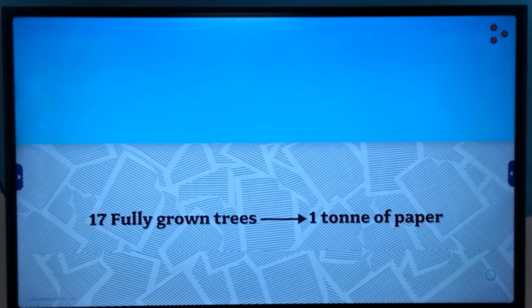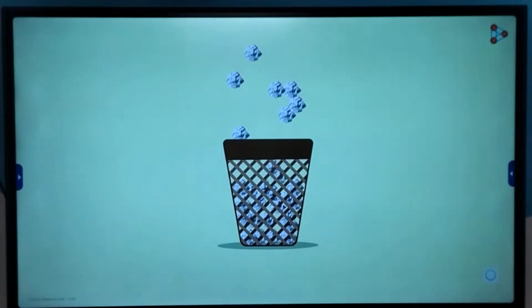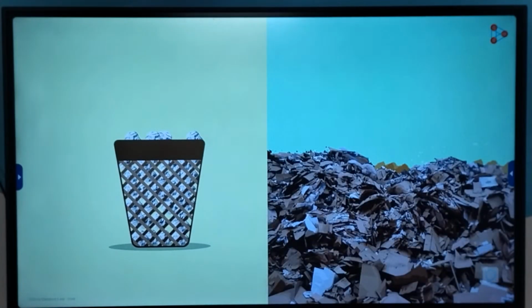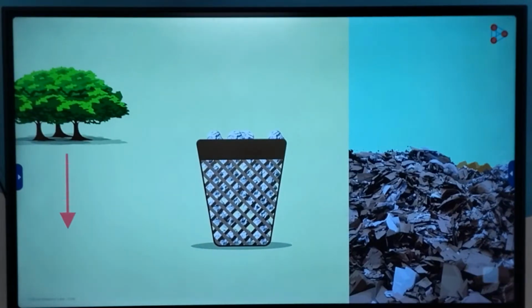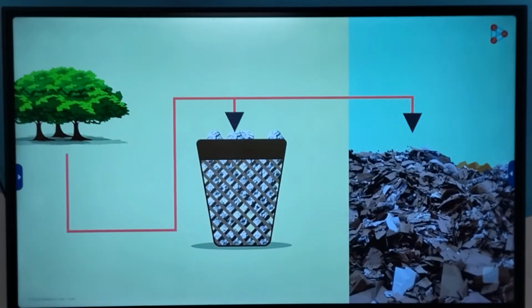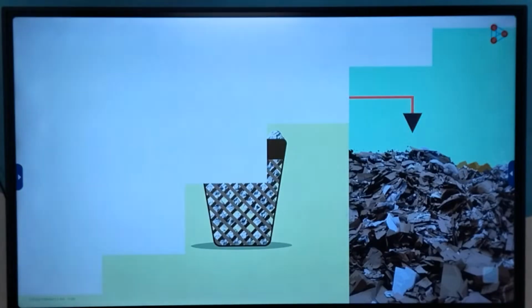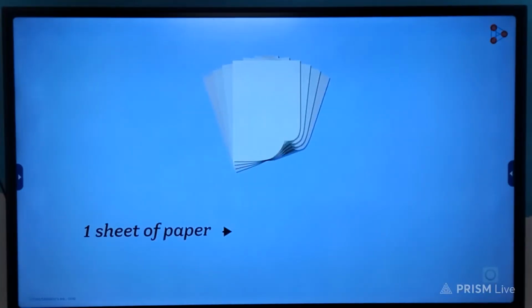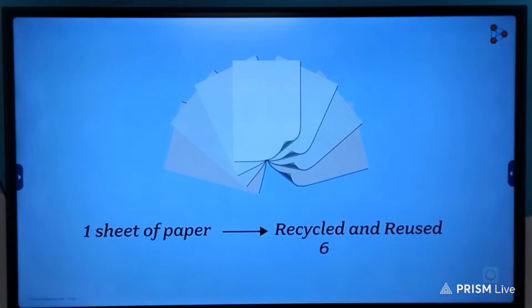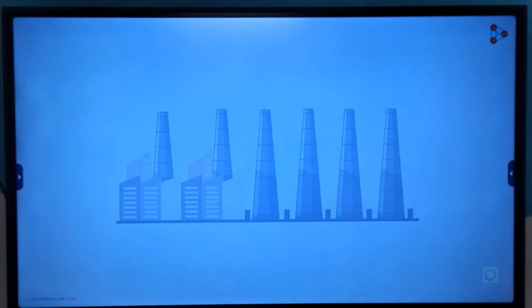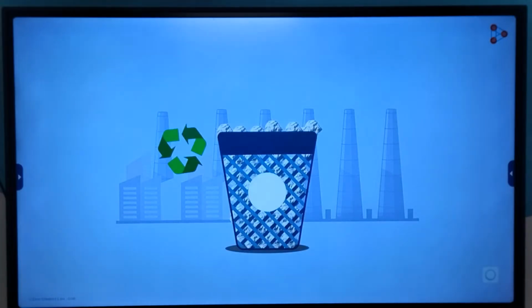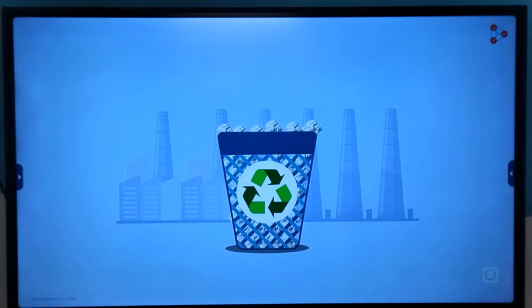Papers are used for a single use and then are discarded. They are found in either a waste paper basket or landfills. It is such a pity that the fully grown trees are reduced to garbage. How can we avoid this? Just like water, we should also look at ways of recycling paper. There are huge factories now which have undertaken the noble purpose of recycling waste paper.